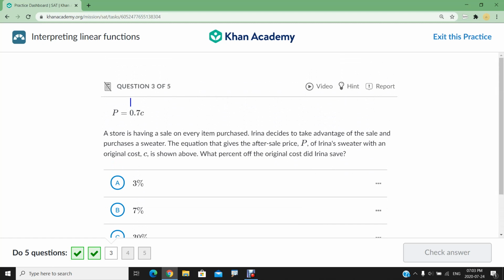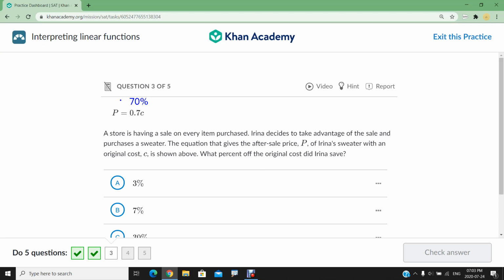Basically, 0.7 is 70%. So she paid 70% of the original cost, and the sale was what percent off the original cost?